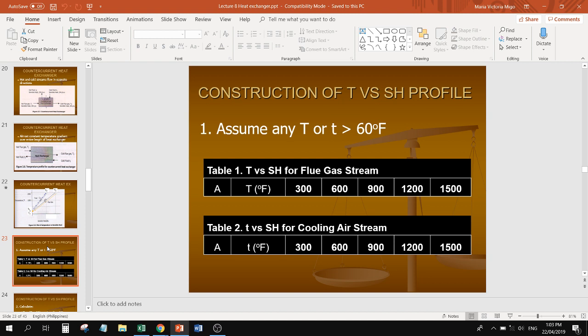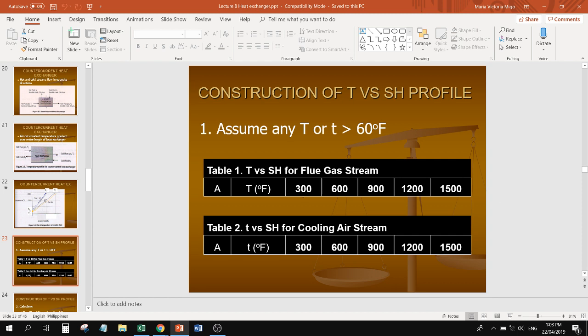Using the same problem that we solved last time, we will resolve it, but this time assuming a countercurrent heat exchanger. Just like the first problem, our first step is assuming arbitrary values of T. For the flue gas stream, the flue gas enters the heat exchanger at 1500 degrees Fahrenheit, so it would be best to assume values less than this temperature.